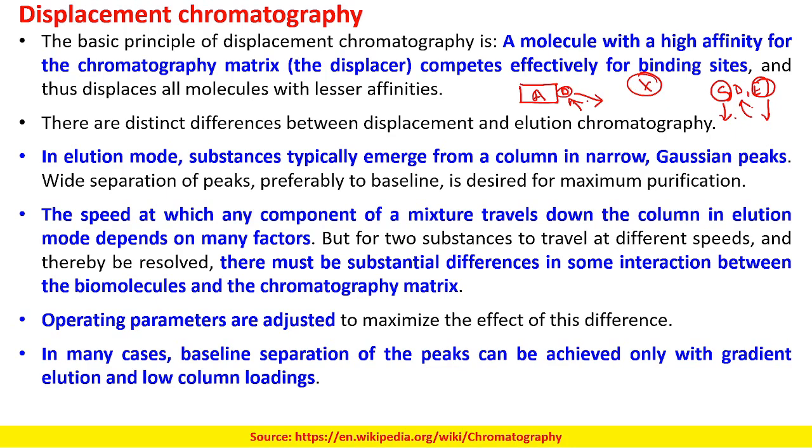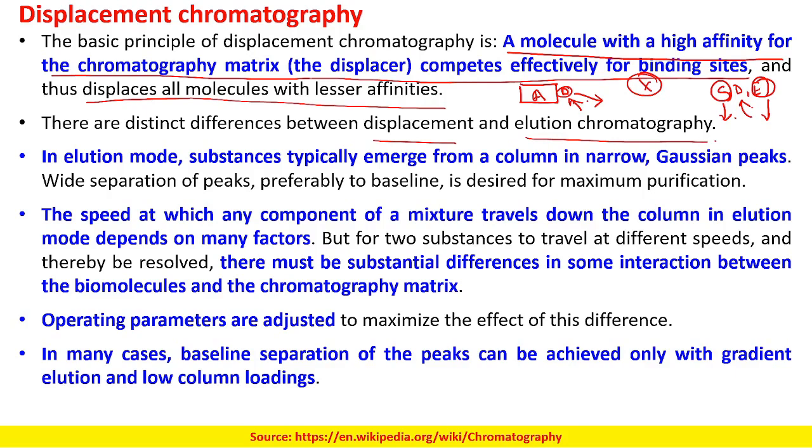Okay, so this is how displacement chromatography works. A molecule with a high affinity for the chromatography matrix, the displacer, competes effectively for the binding sites and thus displaces all molecules with lesser affinities. There are distinct differences between displacement and elution chromatography.